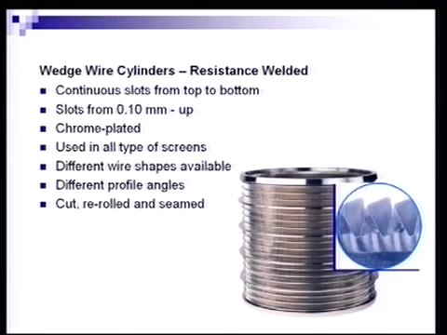There are wedge wire cylinders, and these cylinders started out life as resistance welded baskets. We still make these today. It's still a usable technology, but it's a fragile technology. The method of manufacturing is such that the wires are resistance bonded to the supporting wires as they're wound around a mandrel.